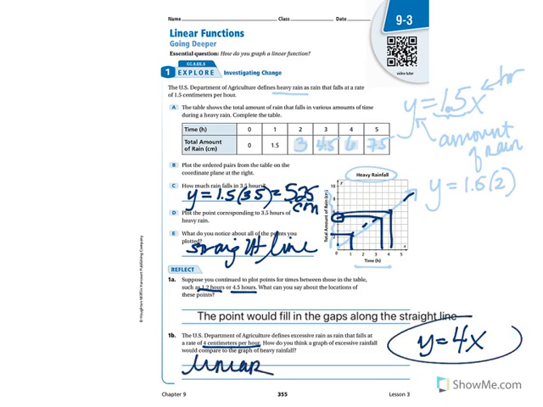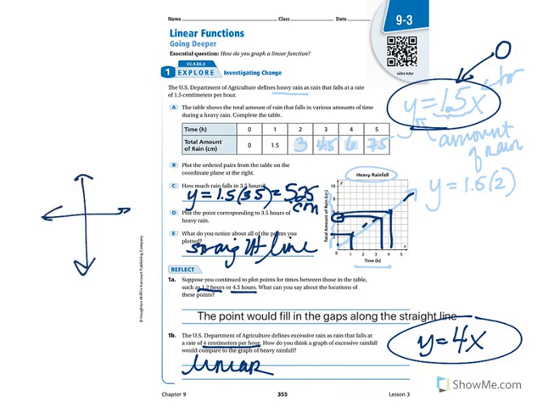However, the difference between this equation versus this equation is their slope. And we know that a slope that's closer to 0 is going to be less steep, because remember that all lines that are horizontal have no steepness to them. Their slope is 0. So the further away that the slope is from 0, the steeper the line is going to be.